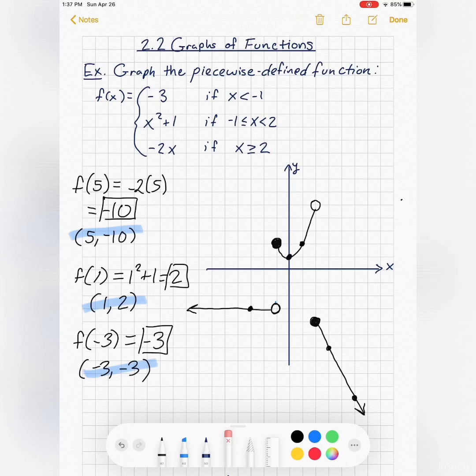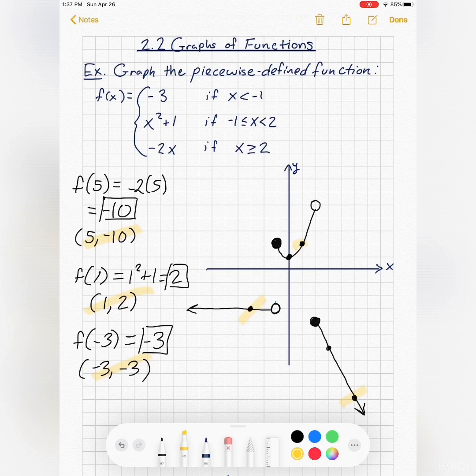Okay, and there's my nice complete graph. And so you can see these points that we found earlier. These do lie on the graph. But on their own, they're not really all that useful as far as actually graphing the function.